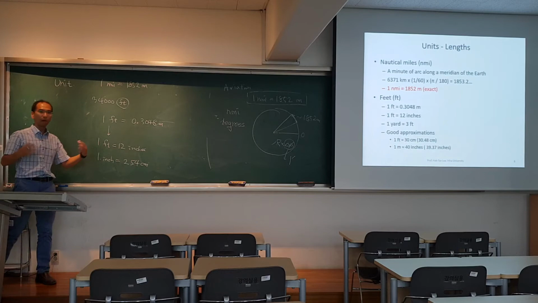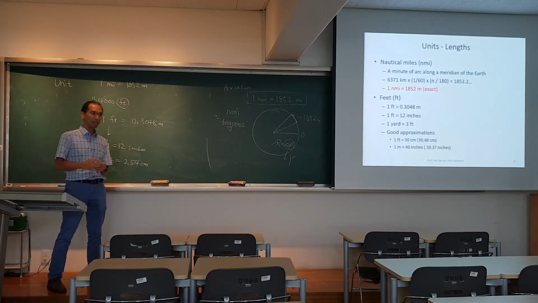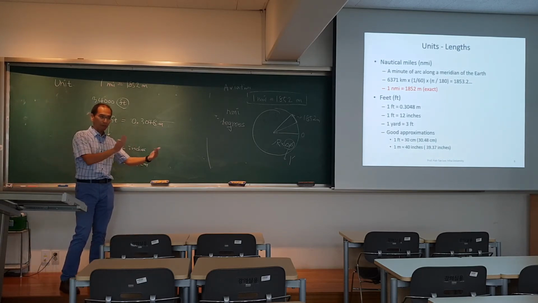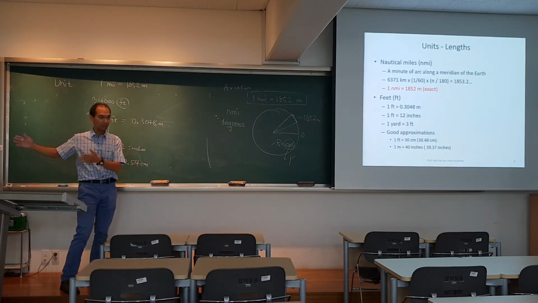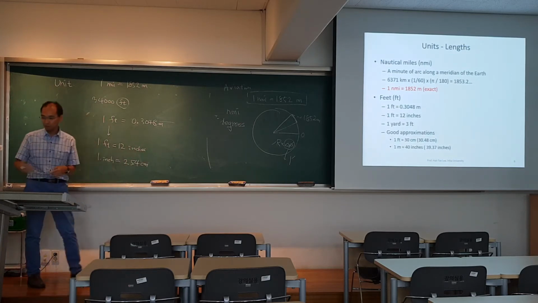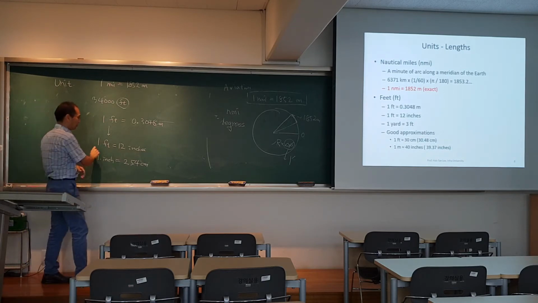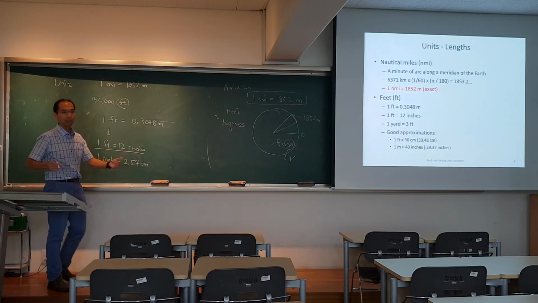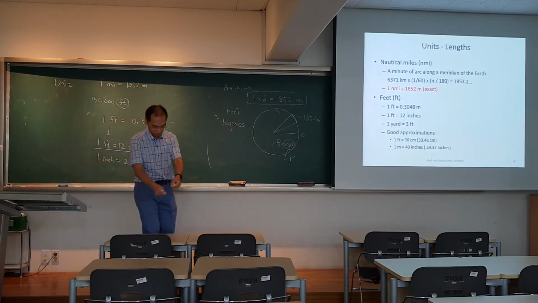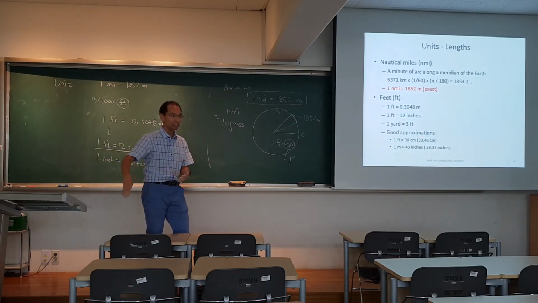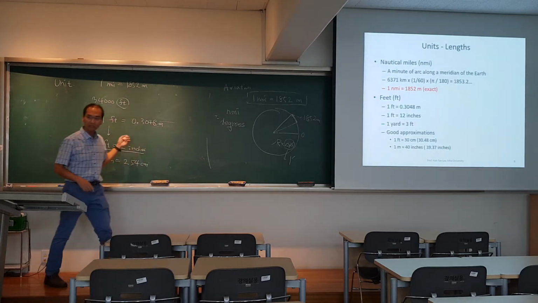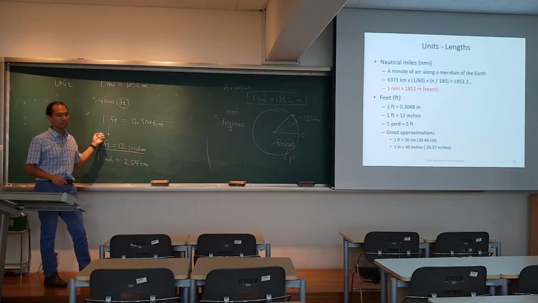So if you buy a ruler in America, it will have inches, and every 12 inches it says 1 foot. You might feel that's weird. However, if you actually use that to, let's say, make furniture, you measure the wood and you cut, 12 is quite convenient, more than you think, because you can divide it by 2, 3, 4, 6.